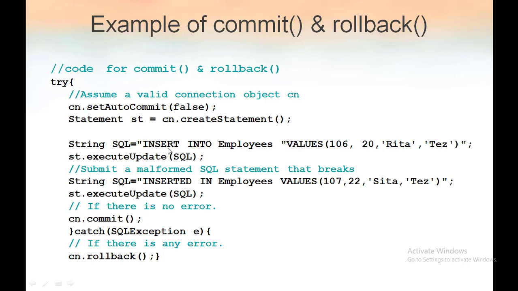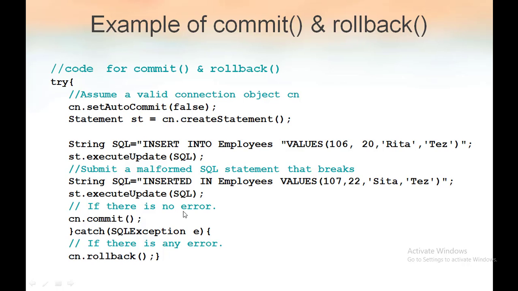String sql = insert into employee table values 106, 20, Rita and Tees. Next line is st.executeUpdate(sql). This line is used to do all the updation in the database. Another query, insert into employee values, st.executeUpdate. Here I am firing two queries and updating the data in the database two times.